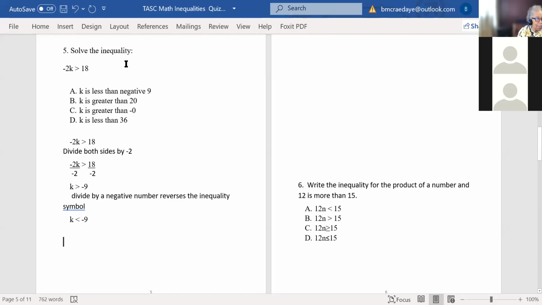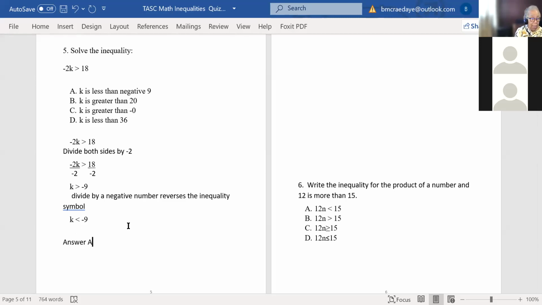Which one says K is less than negative 9? That's answer A. Questions? No, Miss Barbara. So you got that one correct. That was number 5.